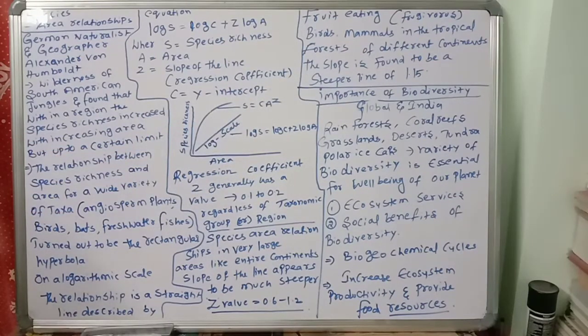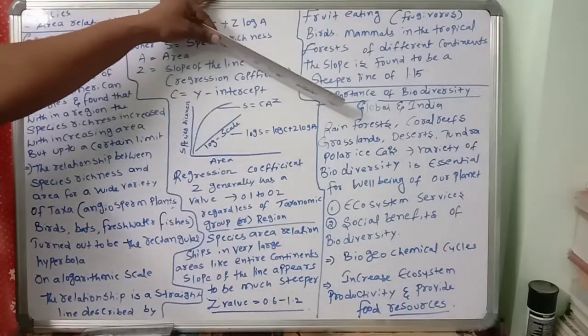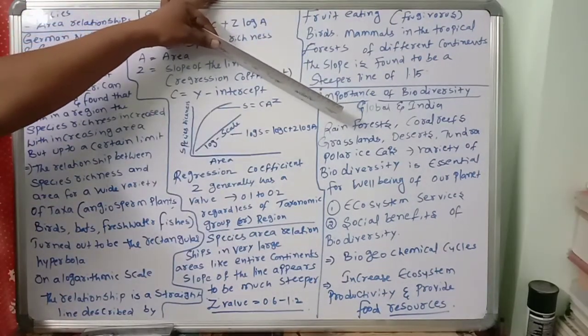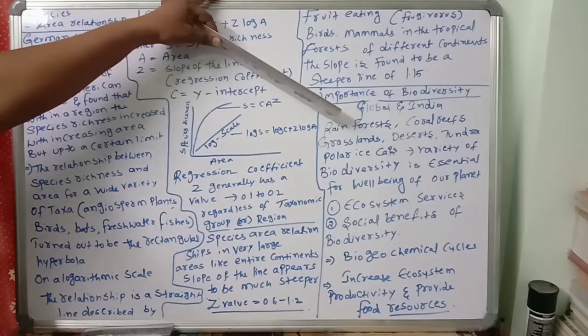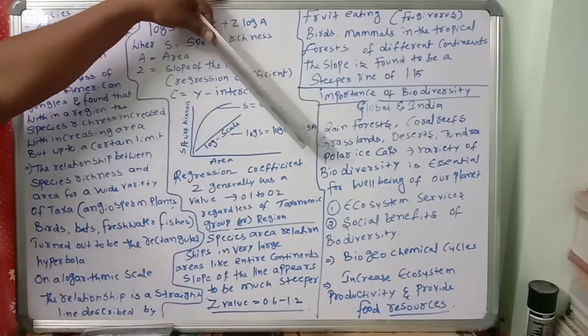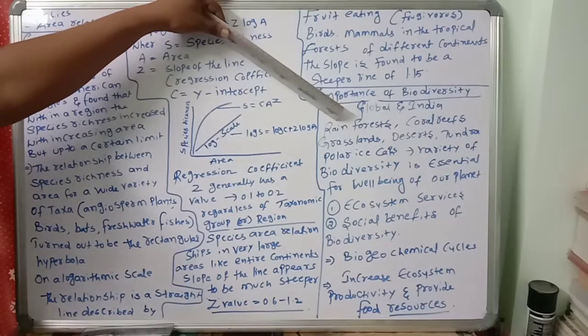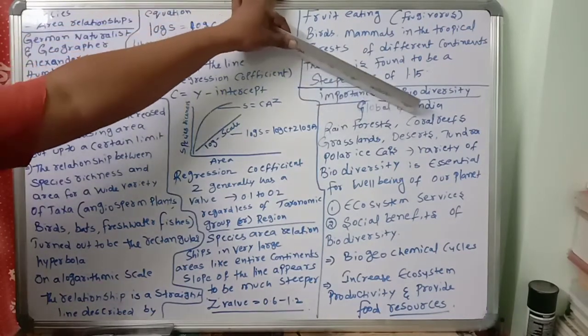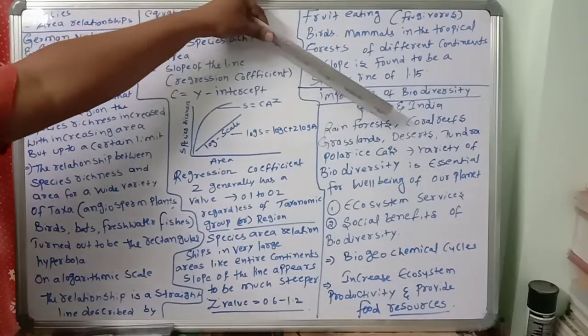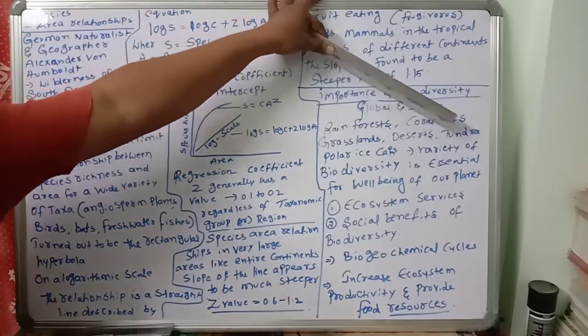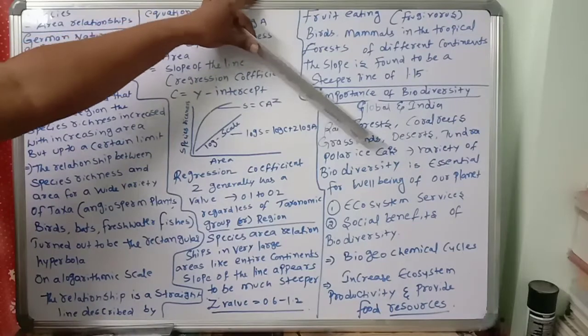These organisms can inhabit different ecosystems with varying conditions: rainforests, coral reefs, grasslands, deserts, tundra, polar ice caps.